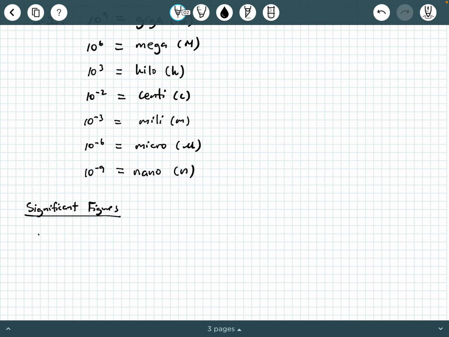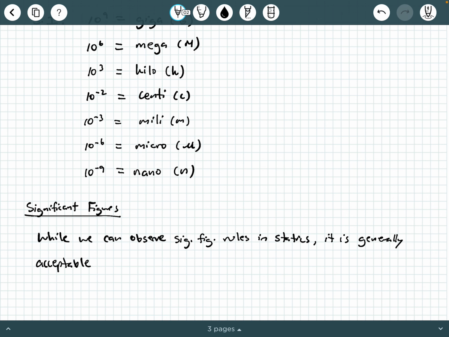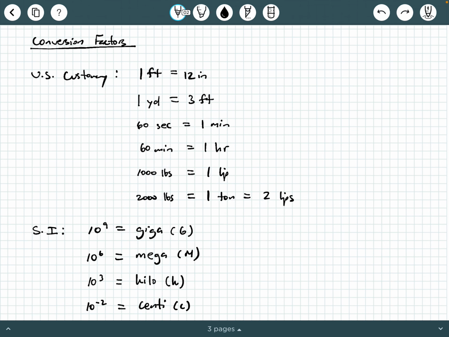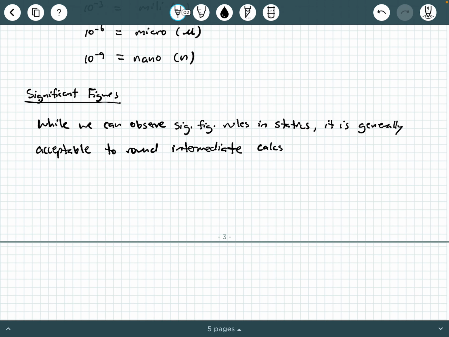So I'm going to write this down. I'm going to say, while we can observe sig fig rules in statics, it is generally acceptable to round intermediate calcs to 4 sig figs and final calcs to 3 sig figs.